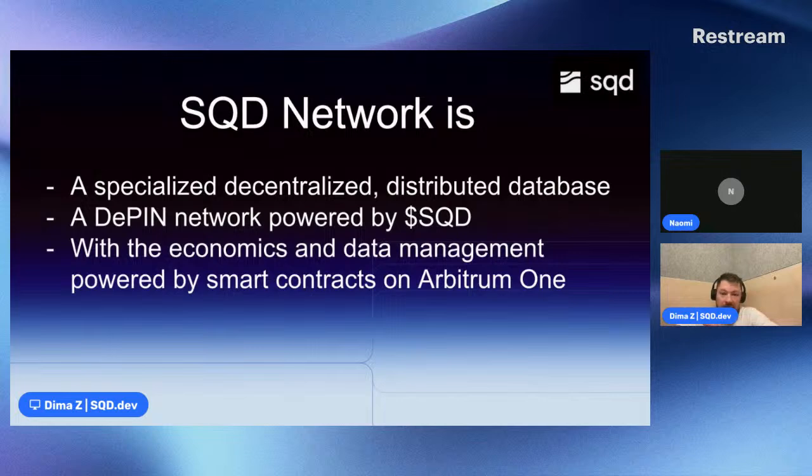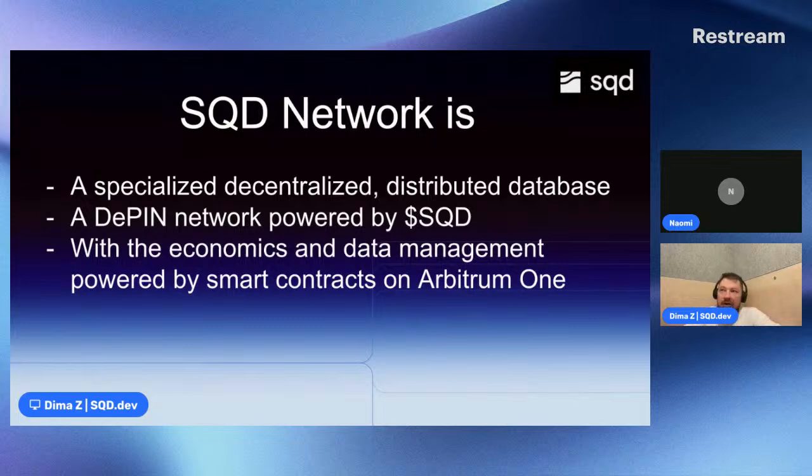So what is SQD network? Probably I should start with saying what SQD network is not. SQD network is not a storage solution like Filecoin or Arweave. SQD network is not a data availability platform.